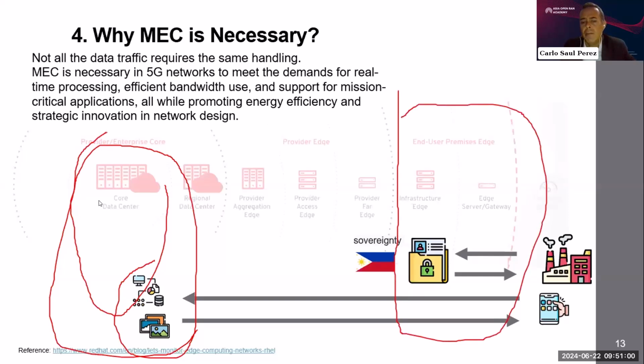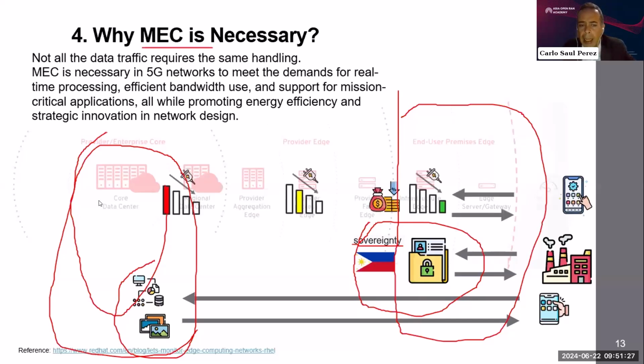Also there are some regulations from countries, the so-called sovereignty, meaning that some information cannot go out of a country. So it's limited, for example, for the Philippines, for Mexico, or for the United States. For that reason, we need the processing or handling of this information to be as local as possible. So for that, MEC is necessary.